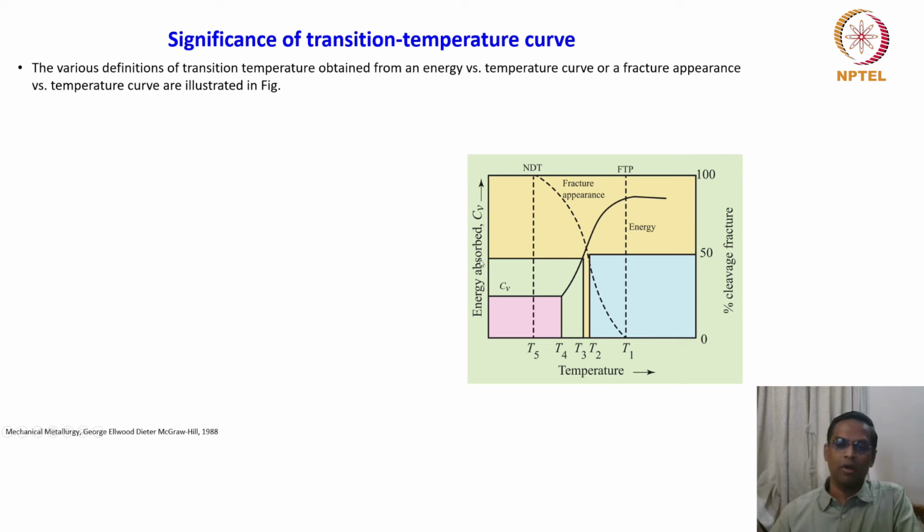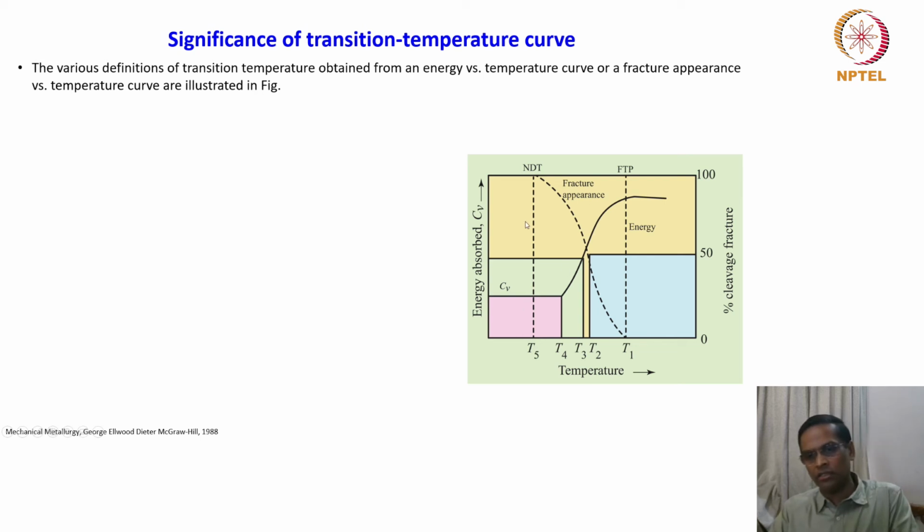This is the energy absorbed, called CV, versus temperature. And then you have this ductile to brittle transition S curve. But here you can see that there are so many divisions: T1, T2, T3, T4, T5.